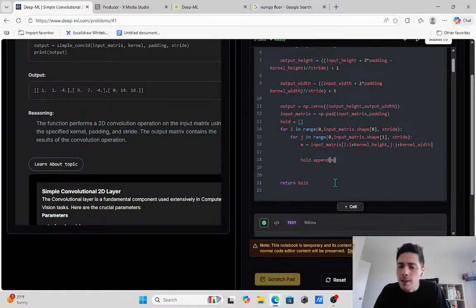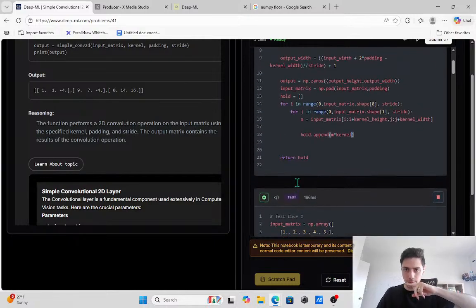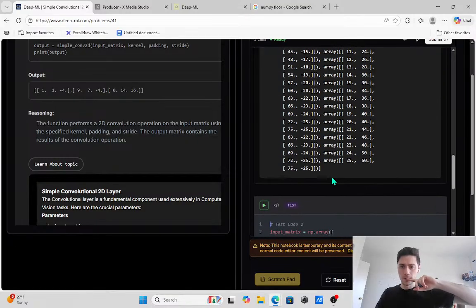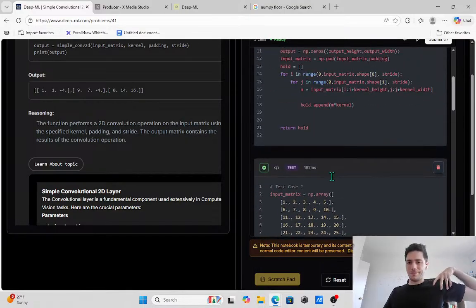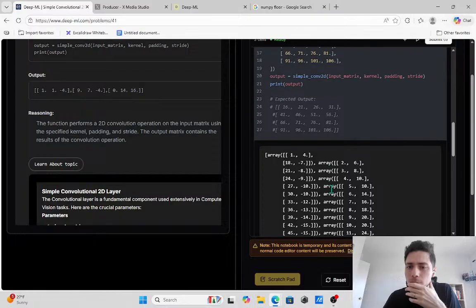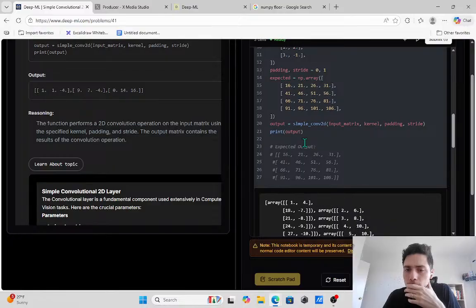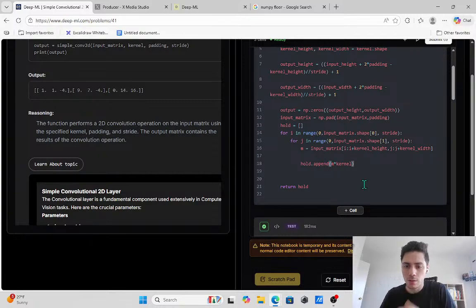Okay. Full data, M times the kernel. Yeah, but I'm very confused. No, wait, I'm doing... not paying attention.